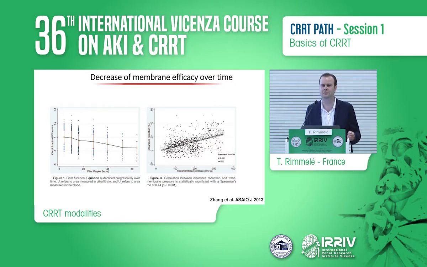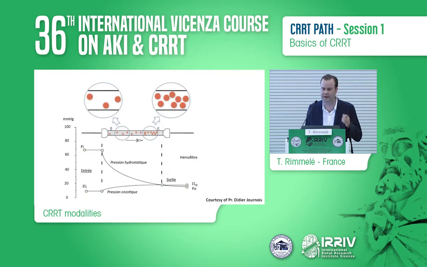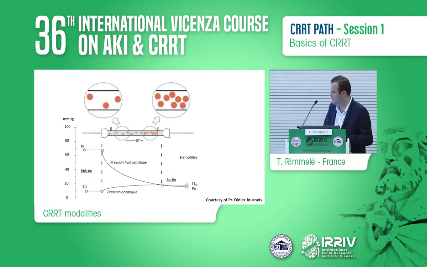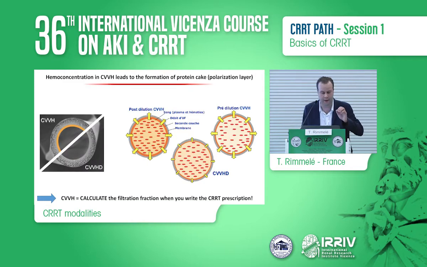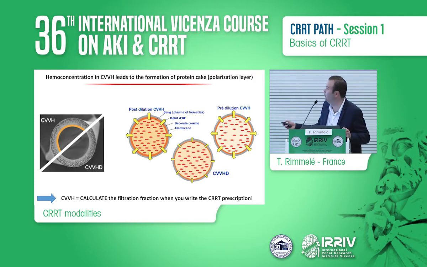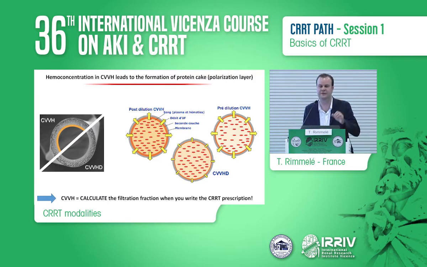So why is this? It's because, again, the filtration fraction problem. When you move forward inside the filter, you are going to hemoconcentrate here, and you are going to hemoconcentrate also your proteins, and the proteins with CVVH are going to form this protein cake, this polarization layer. This is with CVVH.